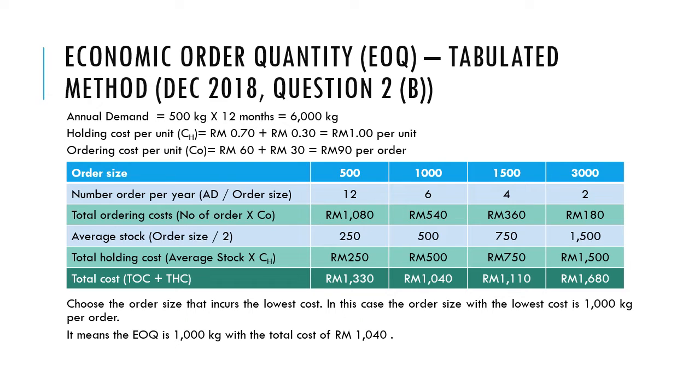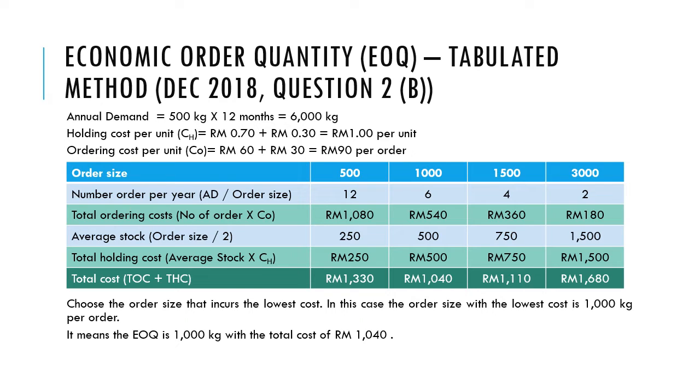To calculate total ordering cost, you need to know first how many orders we make in one year, how many times we order from our supplier. If our order size per order is 500 units and one year will require 6,000 kilograms, we need to order 12 times per year.